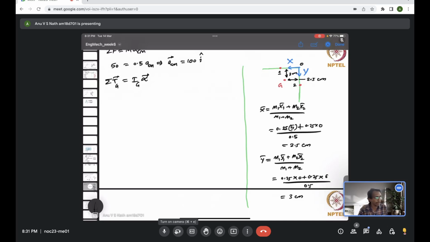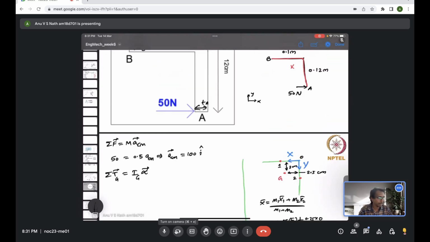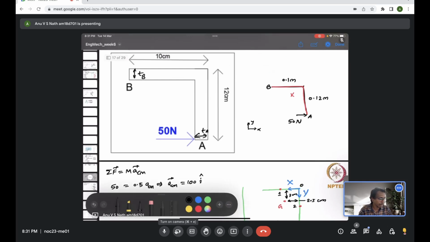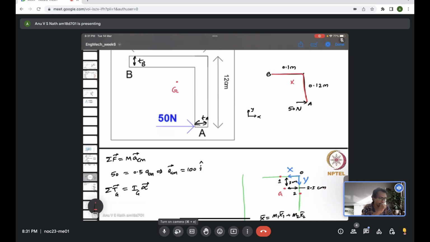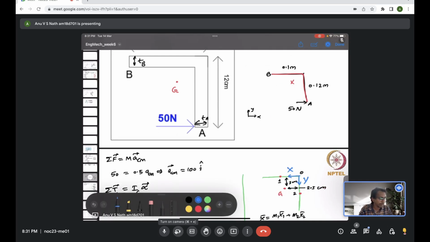Now we come back, so we can mark the location of G, which is somewhere here. You can see it's actually outside the body. Now marking all the distances.